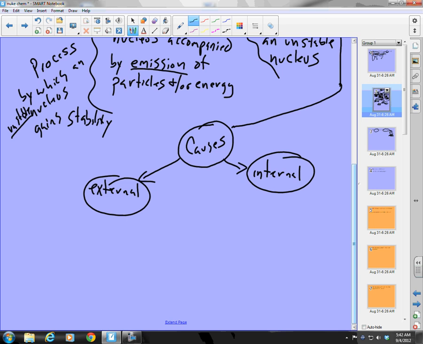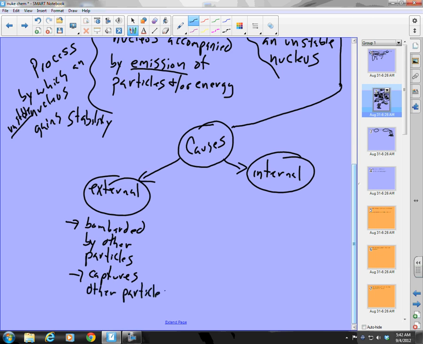What could cause a stable nucleus to become not stable? Well, if it is bombarded by other particles, or if it captures energy in other particles, this could lead to a stable nucleus becoming unstable.